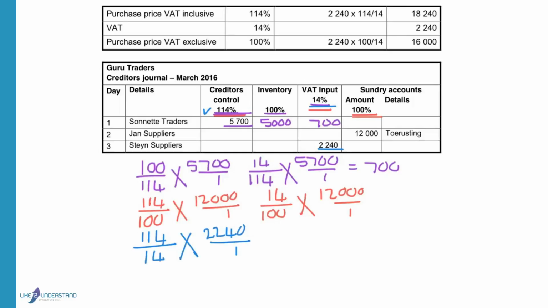If I want to know the value of the inventory excluding the VAT, then I want to know how much is 100, divided by the one that we know, 14, times 2,240. And then I can calculate the value of my inventory.